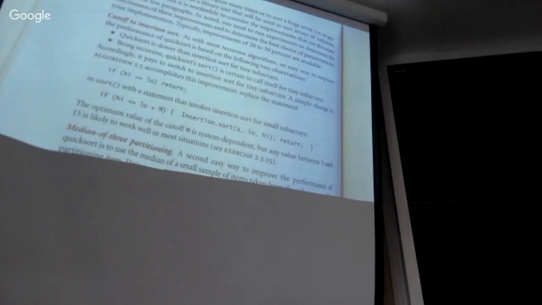When my partitions get too small, rather than making another recursive call, another recursive call, another recursive call, if my partition is small enough, just insertion sort it. That is one of the tricks to change the code. And then the rest you don't have to know, but it's interesting to read through it, but it won't be in the test.